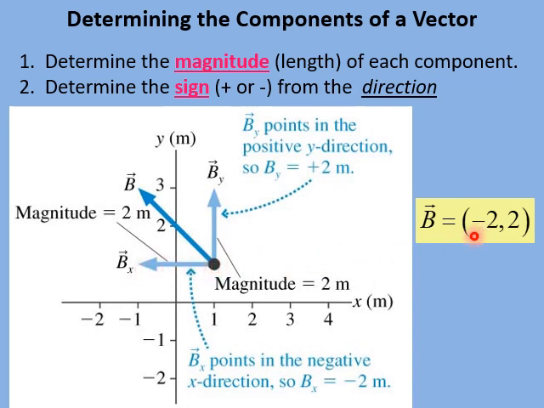That's what the sign tells us, that this vector in the x direction is going to the left. Likewise, the y component is going up with a length of 2, and since it's going up in the positive direction, there's no negative sign, it has a positive sign. So the vector B can be described as these components, -2 and +2.